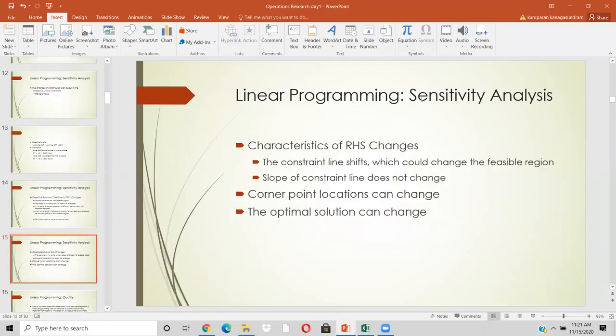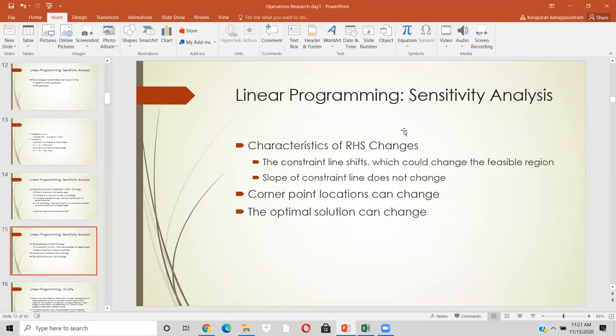Similarly, if you are changing the RHS, it means we are changing the constraints. What will happen? Will your feasible region be as it is, or will it change? Yes or no?